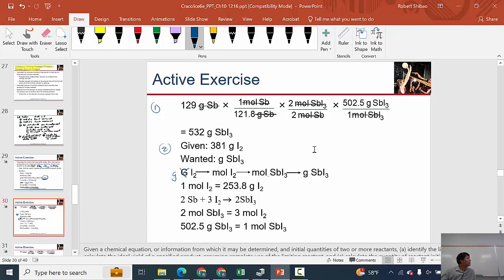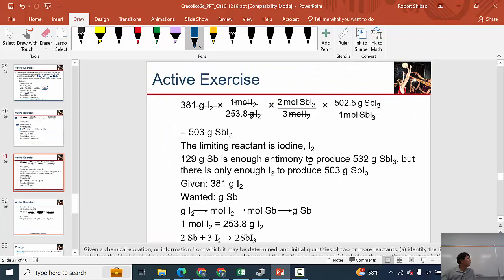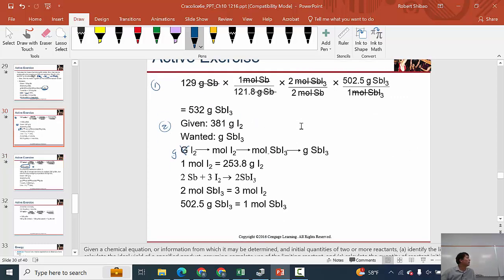So how many grams did we start off with of the iodine? 381. So we'll go 381 grams of B to moles, mole to mole, and then figure out. So iodine yields 503 grams of product versus antimony.